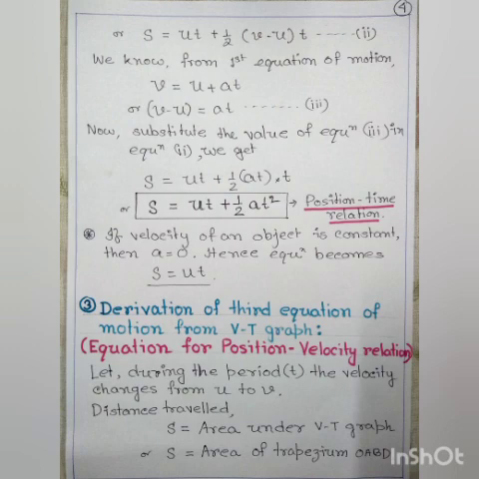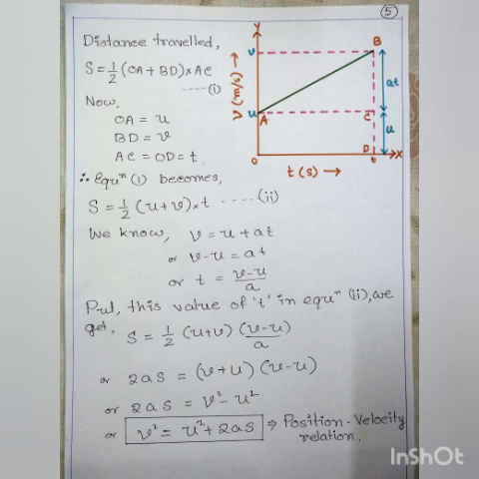Here also we will start to calculate distance traveled during this time. And what is the distance traveled? That is S equals area under VT graph. Or here also this distance traveled will be area of trapezium OABD.